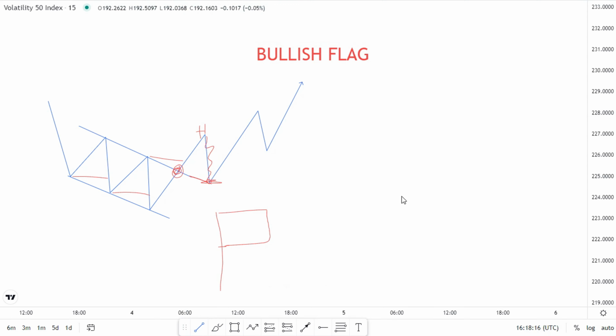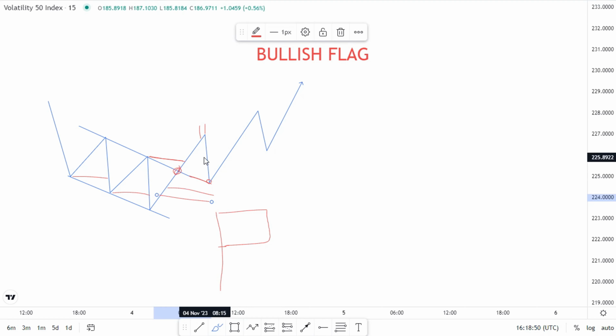So we have the second scenario. After the change of character of this market around these areas here, we expect this market to push down and look for order blocks, which will be around these areas here.